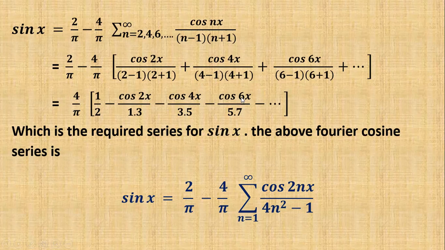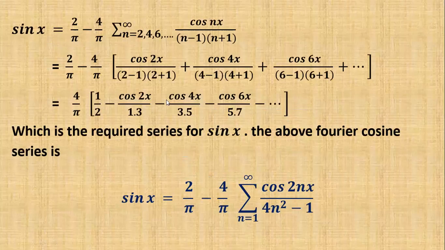Minus cos 6x by 6 minus 1 is 5, 6 plus 1 is 7 and so on. Which is the required series for sin x.